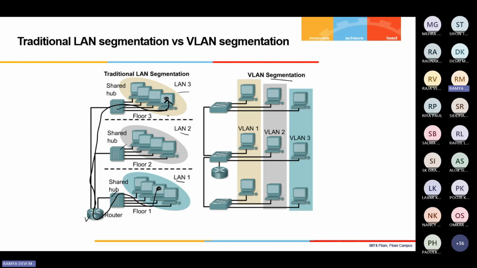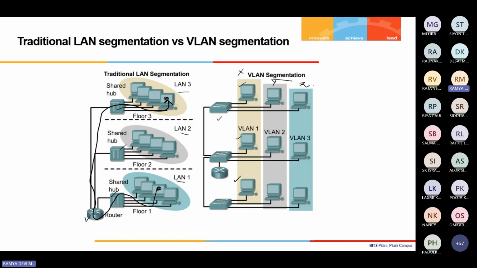So, logical grouping. Here, even if these three systems are on different floors, they are connected to the same network. I'll call them X, Y, and Z. These three systems are on different floors, but they are connected to a single switch.